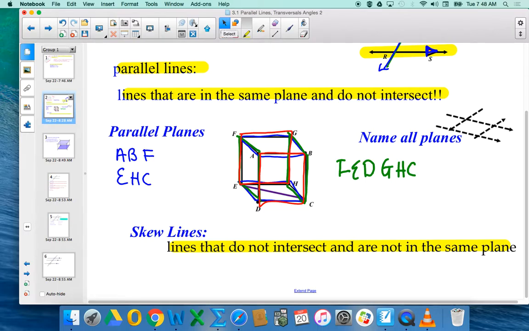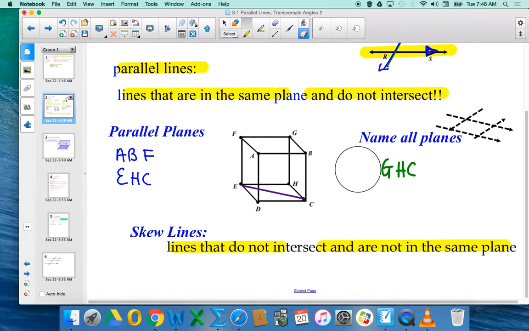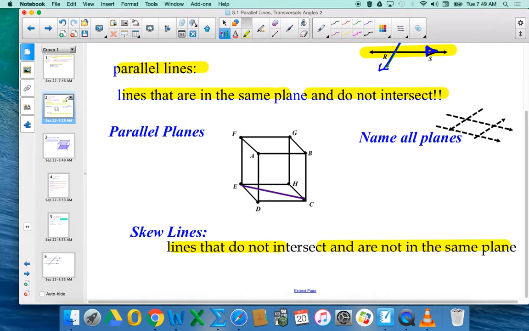Now let's talk about skew lines. Skew lines are not in the same plane and do not intersect. So if we were looking at ED and we wanted to find a line that was skew to that, we could say GH.